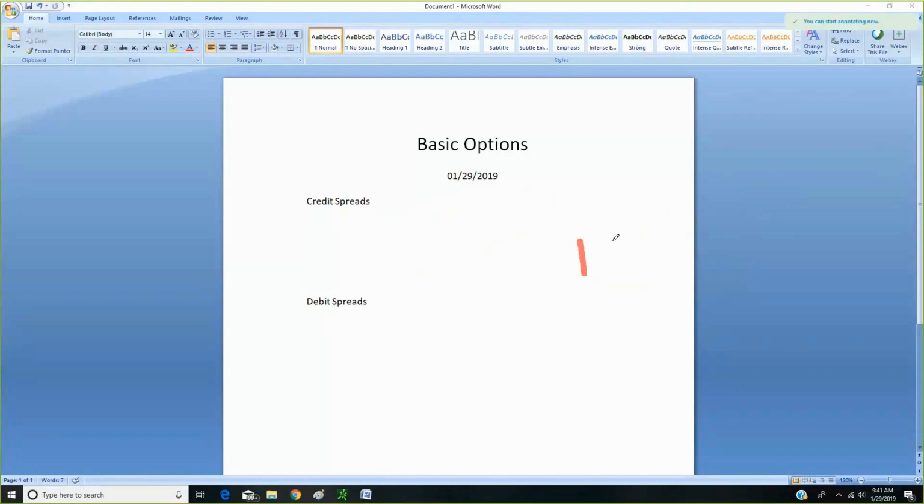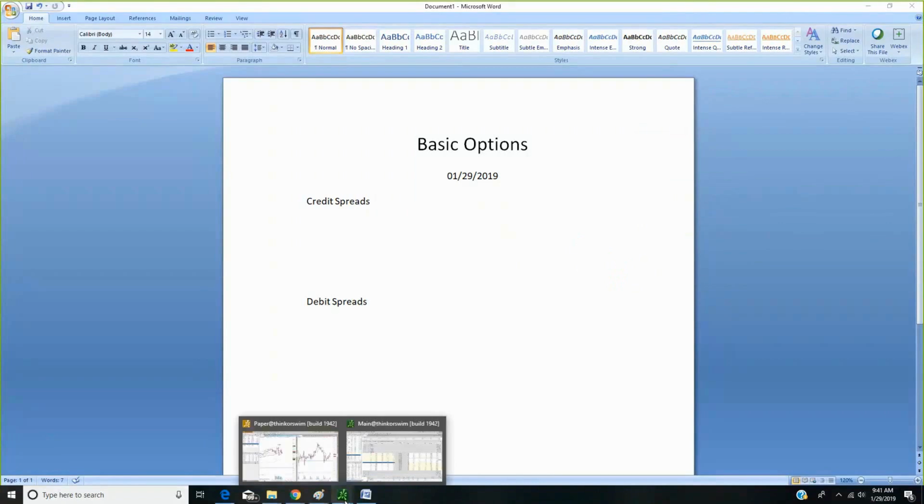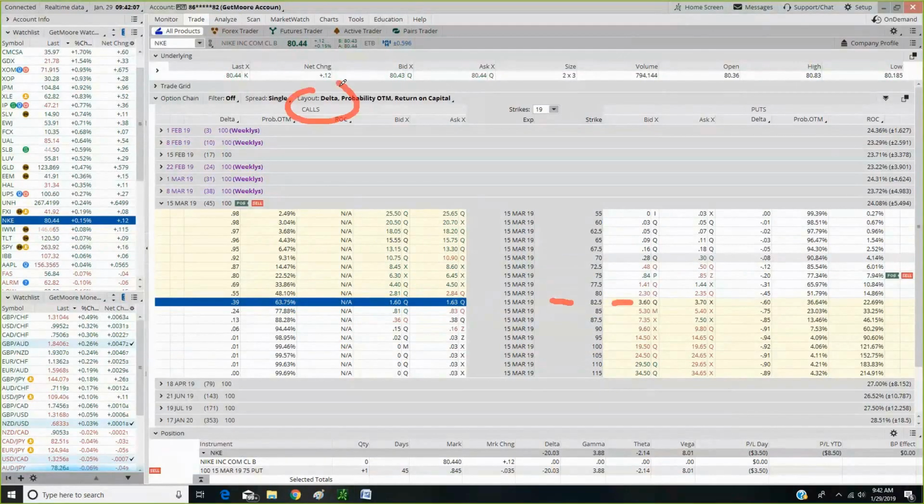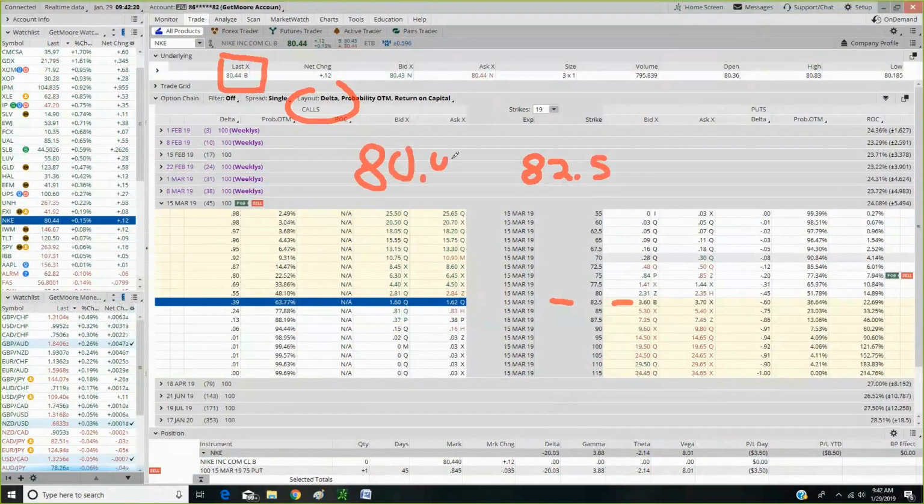Let's say for example Nike, and I'm looking at the 82.5 strike on this call. If I buy the 82.5 call, and Nike is at $80.44 right now, I am what's called out of the money.